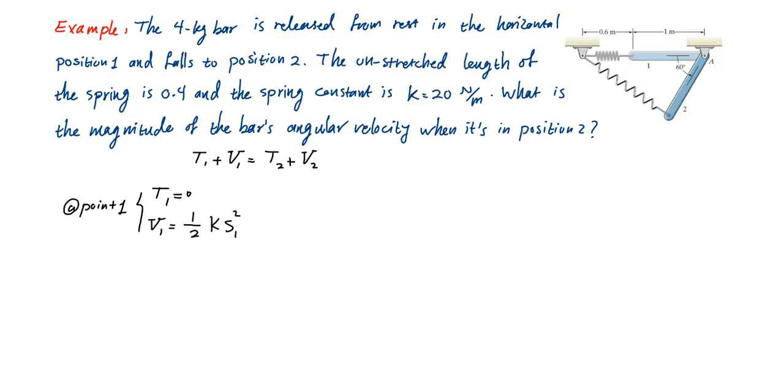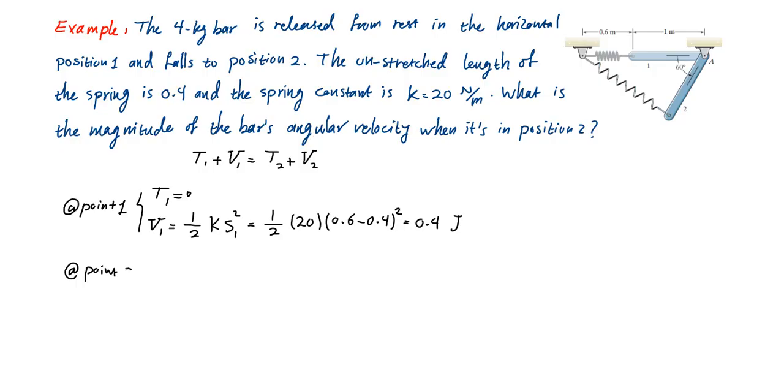So that'll give me 1 over 2, and I'm given the value of K is 20, times S1, which is 0.6 minus the unstretched length 0.4, squared. That'll give you 0.4. This is energy, so the unit is joule. 0.4 joule.